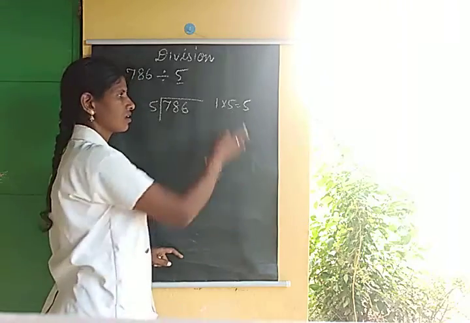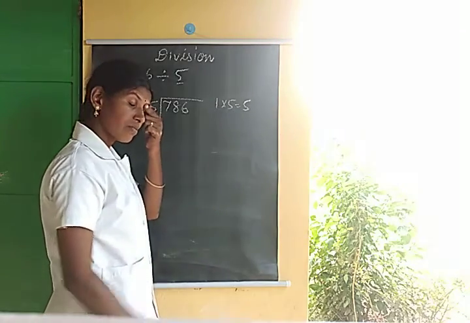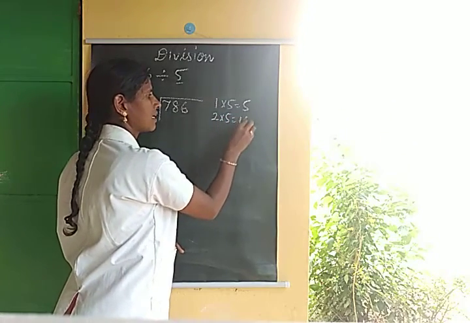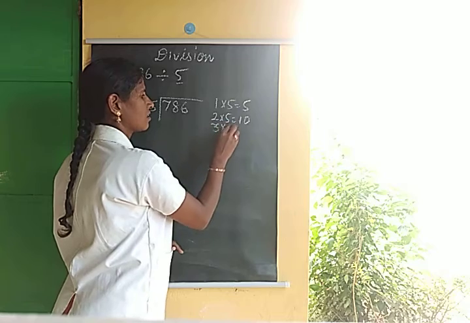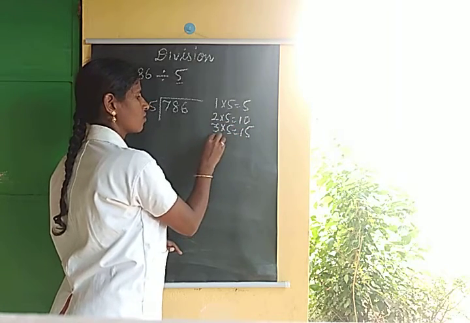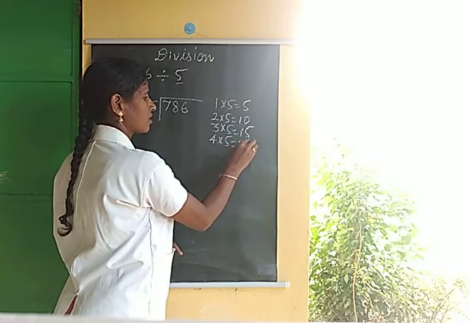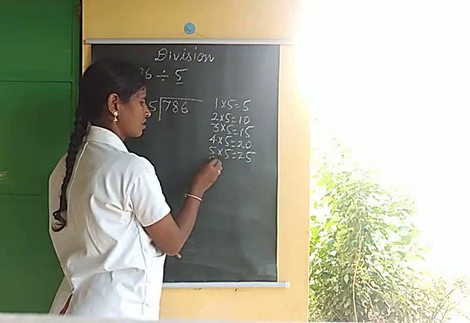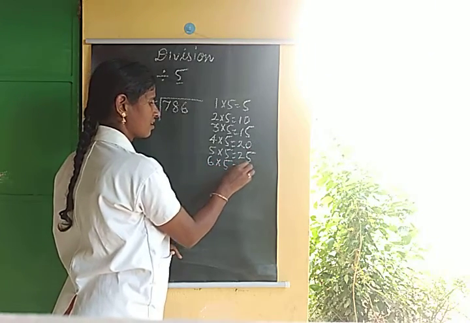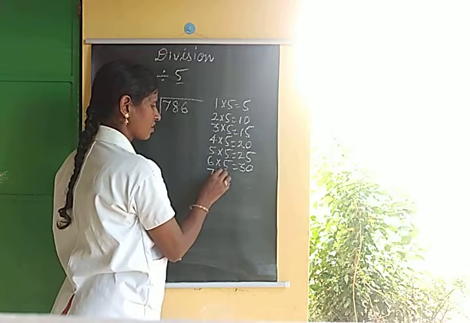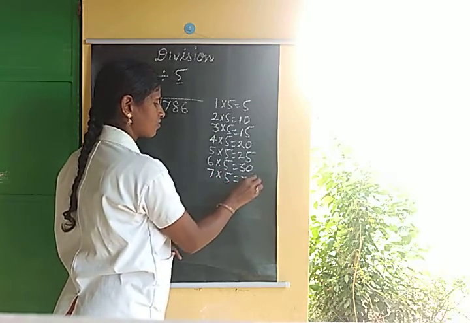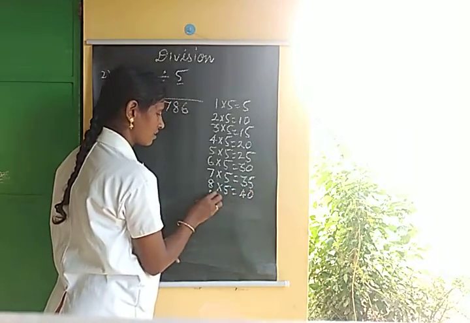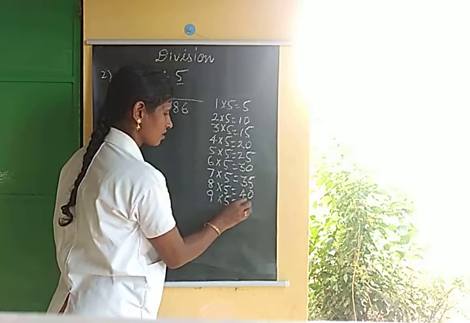In division you must write the table on the side. 2 5s are 10. 3 5s are 15. 4 5s are 20. 5 5s are 25. 6 5s are 30. 7 5s are 35. 8 5s are 40. 9 5s are 45.